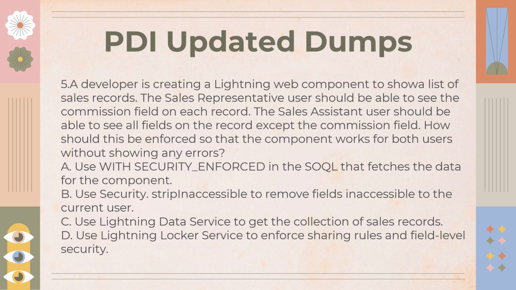B. Use Security.stripInaccessible to remove fields inaccessible to the current user. C. Use Lightning Data Service to get the collection of sales records. D. Use Lightning Locker Service to enforce sharing rules and field-level security.